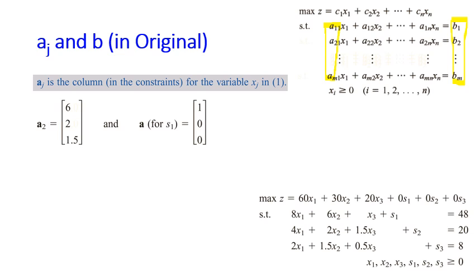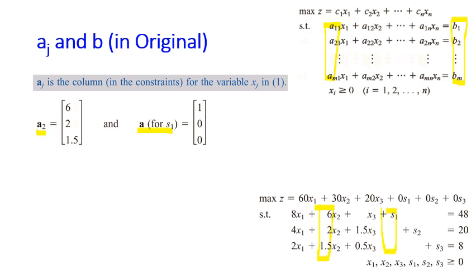And then let's say you want to find out what a_2 values are, so you just need to check the column of the variable x2, so 6, 1, 1.5. And then for a_S1, you take the column for S1, which is 1, 0, 0.